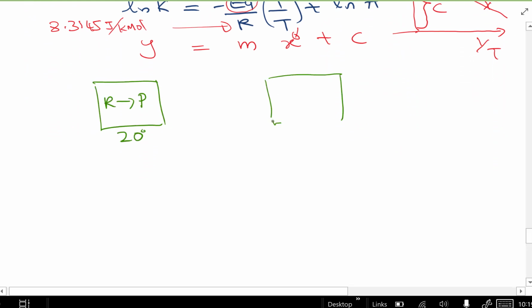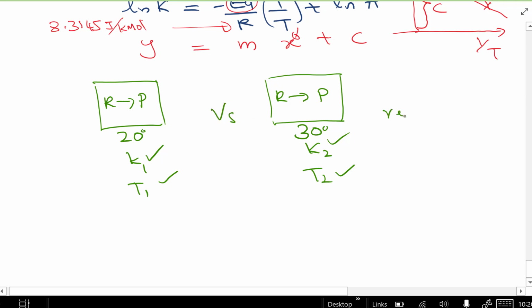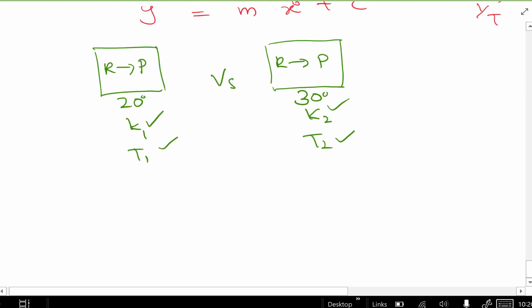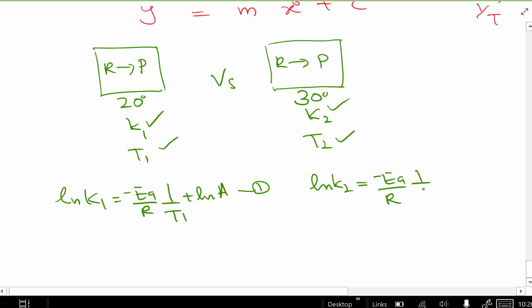Now let's say two situations. The same reaction happens at 20 degrees, reactant going to product, or at 30 degrees, reactant going to product. So the k1 and k2, like I said, are the only things going to be different. And then T1 and T2 are different, therefore k1 and k2 are different. The rest is almost the same. So we can plug that Arrhenius derivation into each situation. So ln k1 equals minus Ea over R times 1 over T1 plus ln A, and for the second sample the same way.